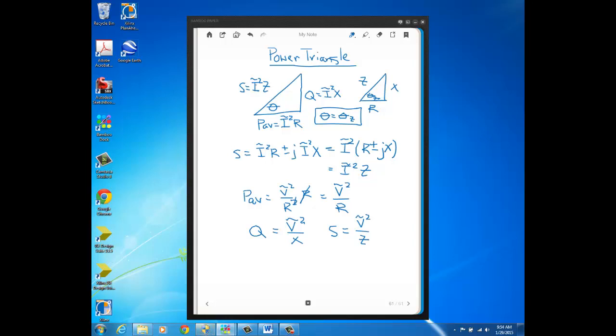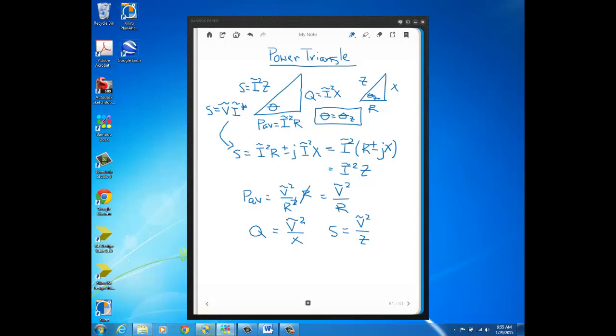So one other thing I wanted to mention about S is that, again, S is a made-up power. We make it up and we give it the definition that S equals V times the complex conjugate of I. We give this made-up power this definition so it leads to this convenient result, so we can express these quantities in a right triangle.